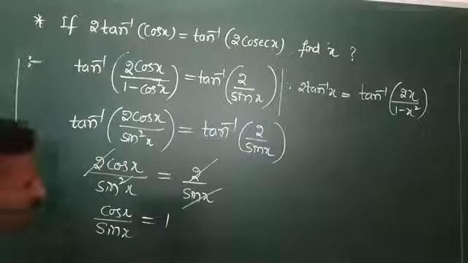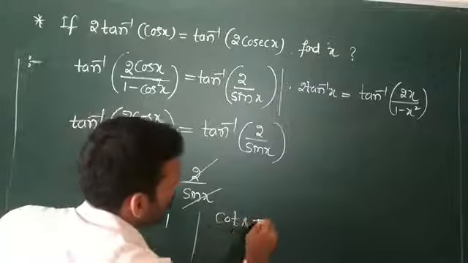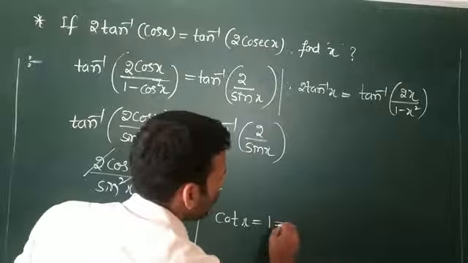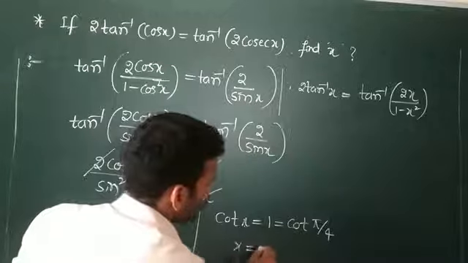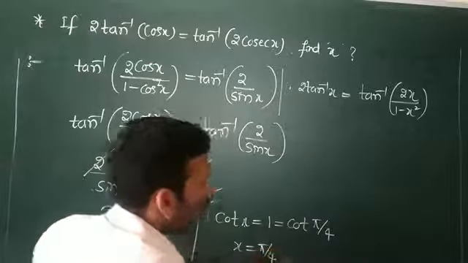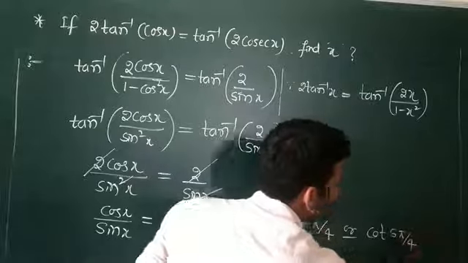Cos x by sin x is also called cot x, so cot x is equal to 1, or 1 can be written as cot pi by 4, that is x is equal to pi by 4, or else cot 5 pi by 4 is also possible.